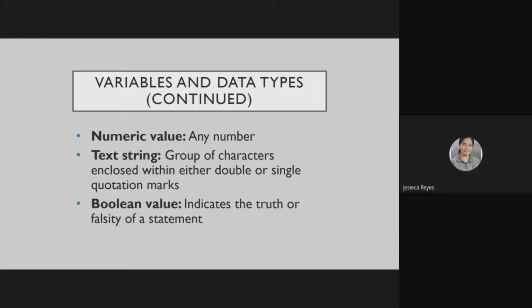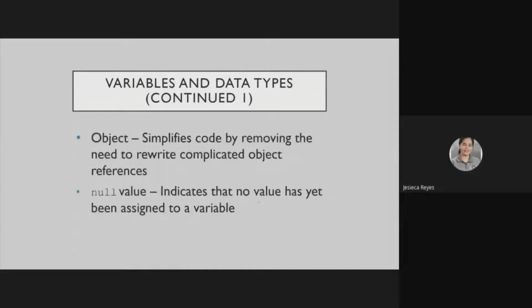So in JavaScript, pwede ra ka mo gamit og double quote or single quote for a text string. For the Boolean value, this will indicate the truth or the falsity of a statement. And the object simplifies code by removing the need to rewrite complicated object references. And the null value indicates that no value has yet been assigned to a variable.